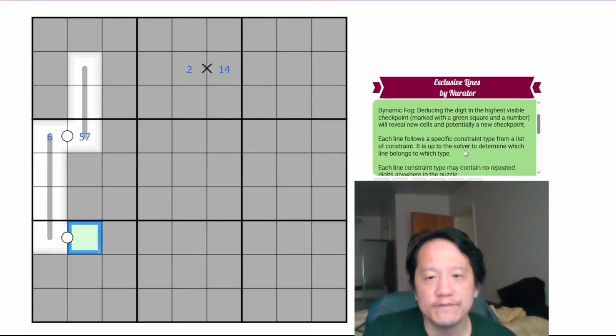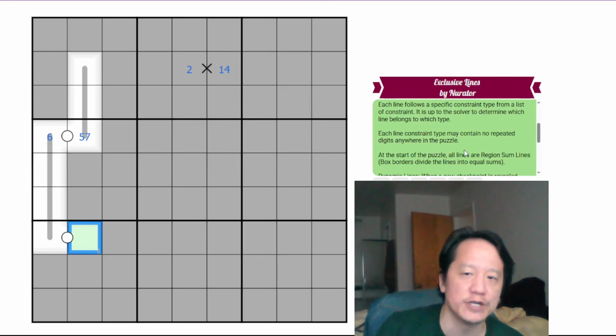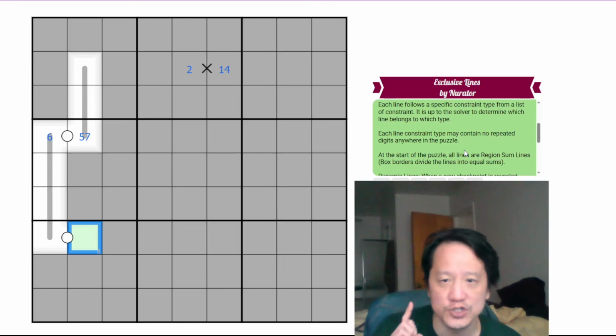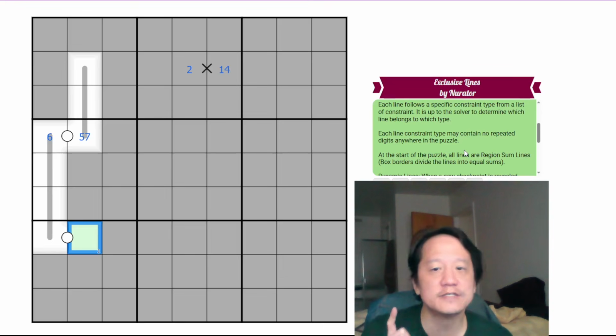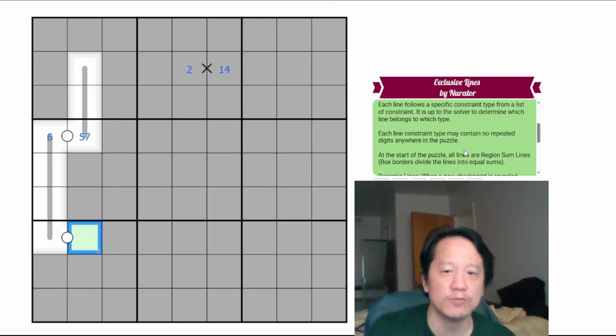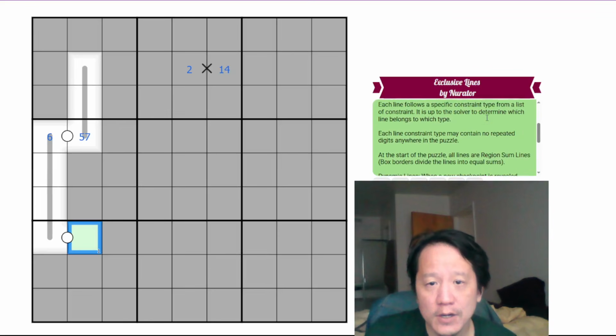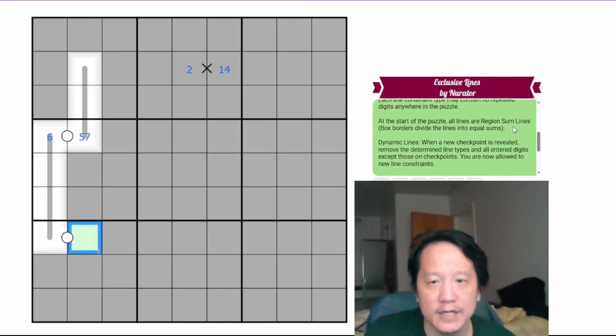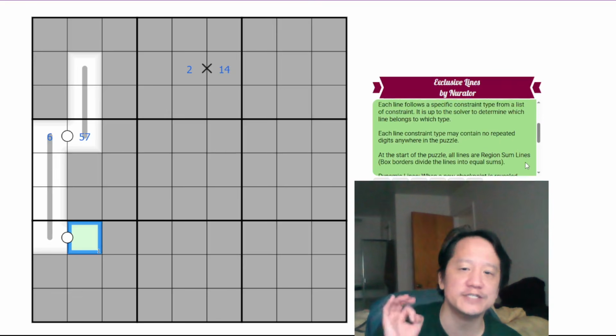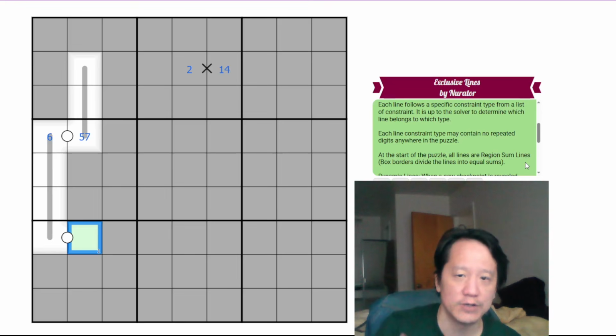Each line follows a specific constraint type from the list of constraints. It is up to the solver to determine which line belongs to which type. Each constraint type may contain no repeated digits anywhere in the puzzle.